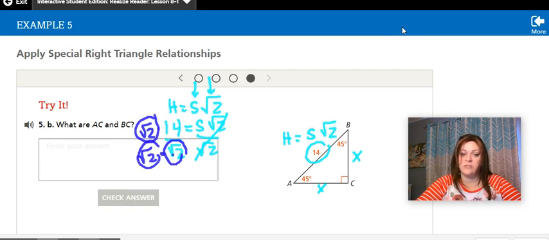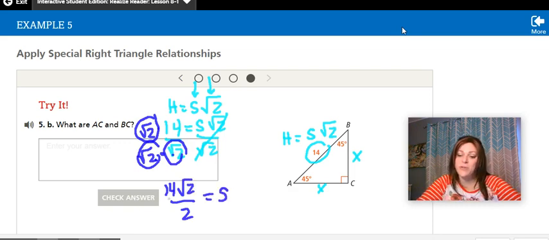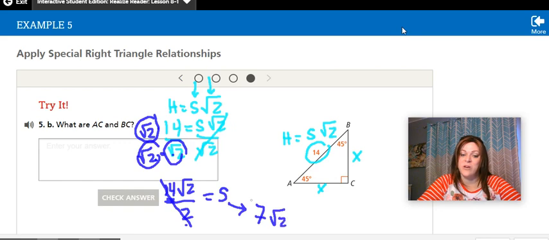Okay, so square root of 2 times square root of 2 becomes 2. And the numerator is 14 square root of 2. And this is the short side. But if you notice, the 14 right here and this 2 down here, they can reduce because 14 divided by 2 is 7. So actually, you can leave that final answer as 7 square root of 2 for both sides that are missing on this triangle.